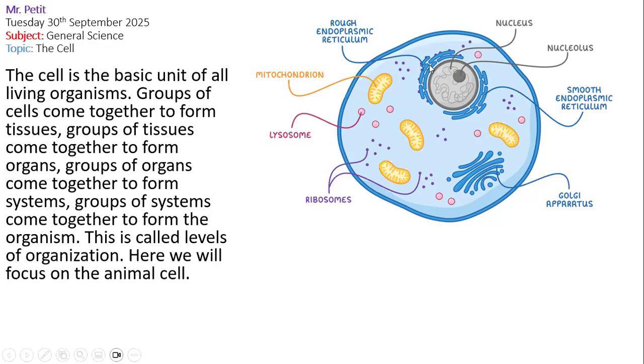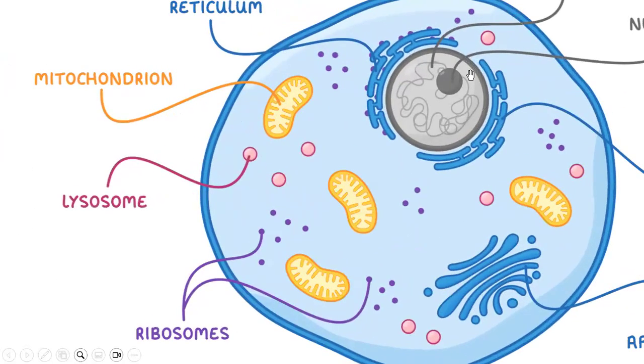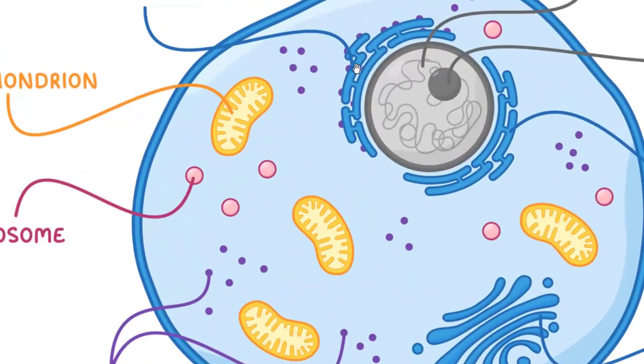All right, rough endoplasmic reticulum and smooth endoplasmic reticulum. Can someone tell me the difference between these two? One looks smoother. To be honest, from here it looks the same.